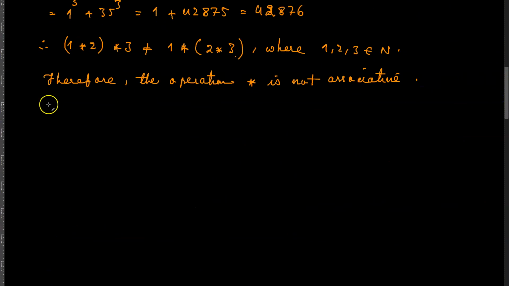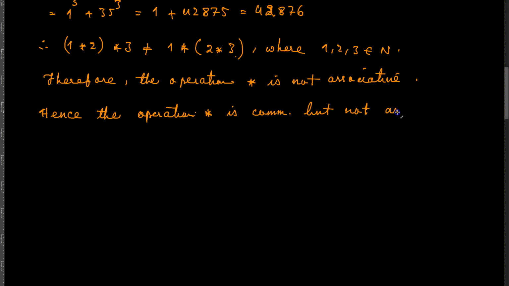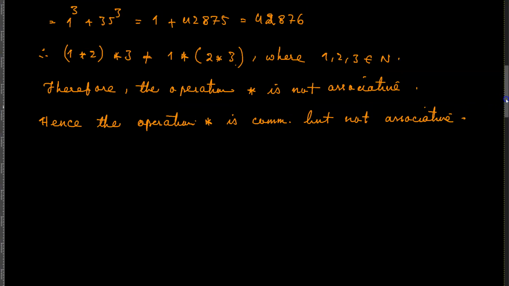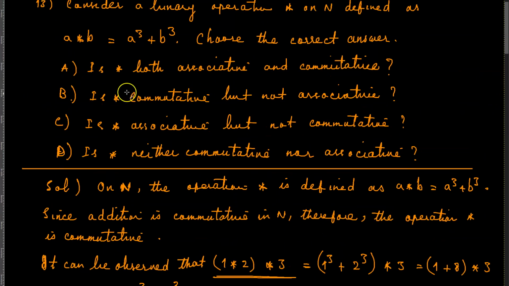So hence the operation star is commutative but not associative, right? Which means that commutative but not associative is this choice here.